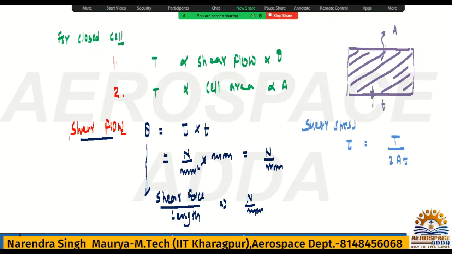And if you want to calculate the shear stress acting over this, suppose you have a rectangular shaft or rectangular beam or rectangular tube, and the torque is T, then this will be the formula. So area will be the shaded area or closed cell area. That you need to remember.